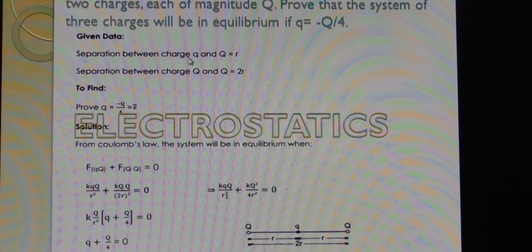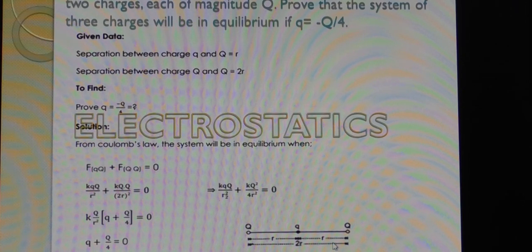Separation between the charge q and capital Q. So let me see here that there are two charges of equal magnitude, capital Q and capital Q. In the middle point, there is a charge small q which is placed in such a way that this q is lying in the middle of these two charges, and the distance of q with respect to this charge is r, with respect to this charge is again r.